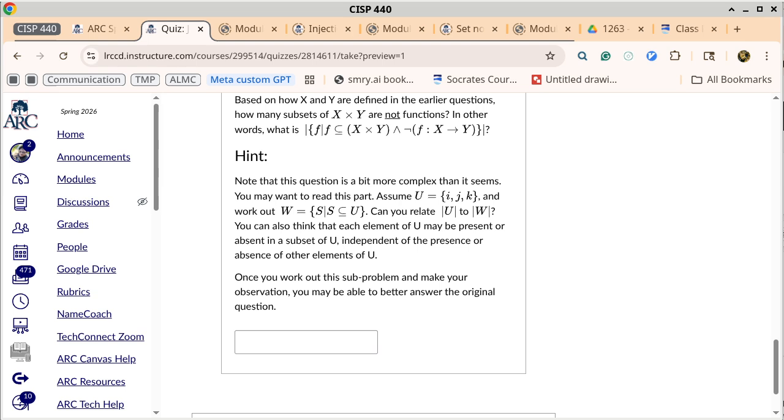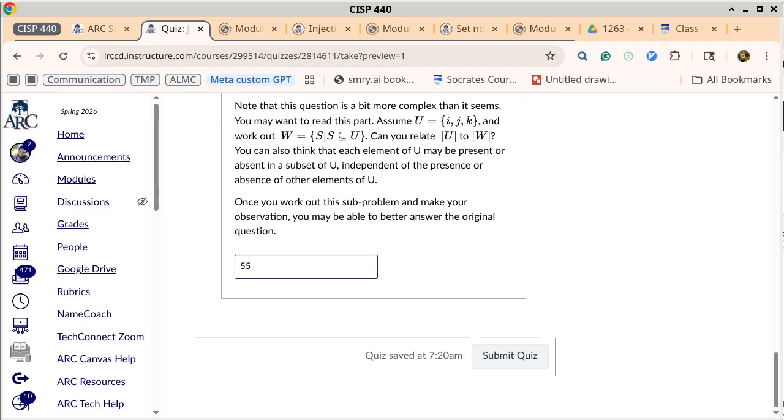So that means we have 2 to the power of 6. That would be 64. So there are 64 subsets, of which 9 are actually functions. So 64 minus 9 is 55. All right, so this is a 55 here. And I think that's it.